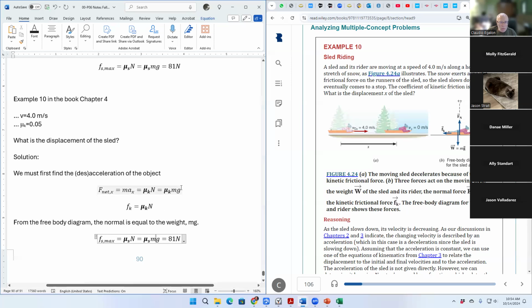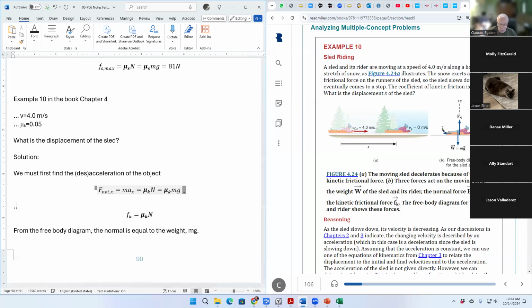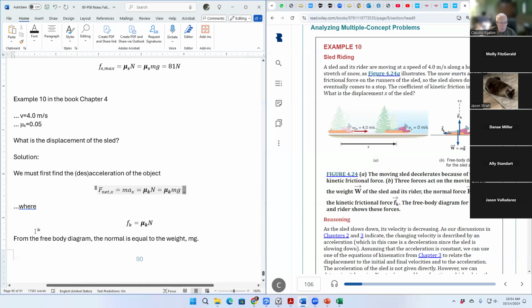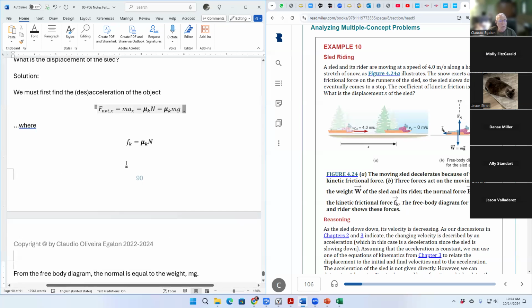But because the only force acting in the horizontal direction is the force of kinetic friction, this here, oh, already put that there. Okay. I'm gonna put it here, like that.